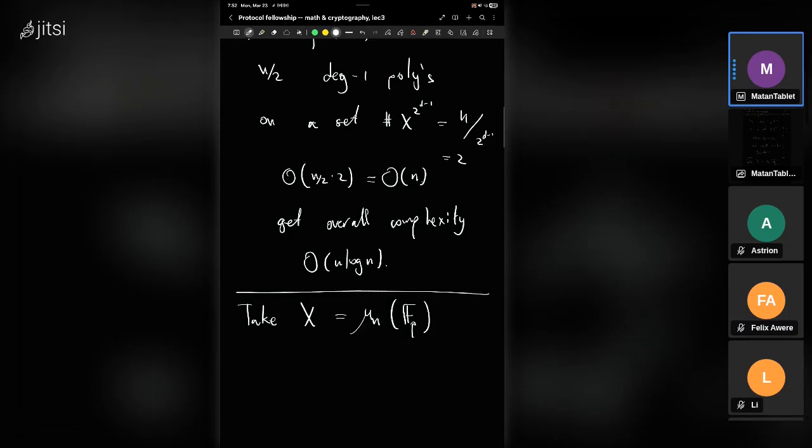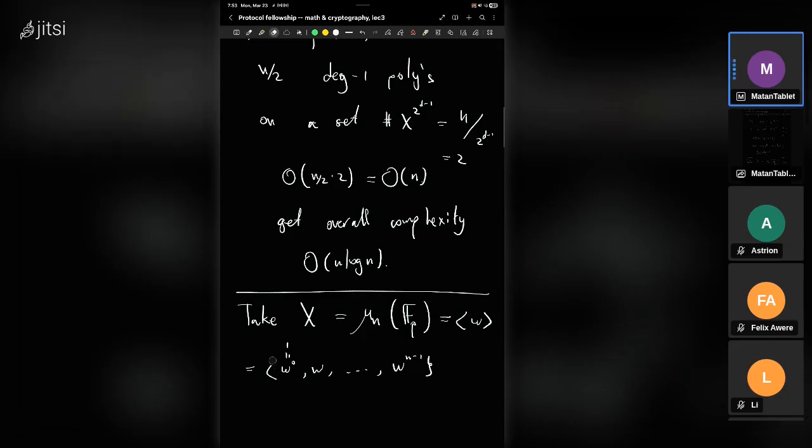We know that this is a cyclic group. So you take some primitive root of unity, and you can write this set of roots as W^0, which is 1, W, up to W^(n-1).